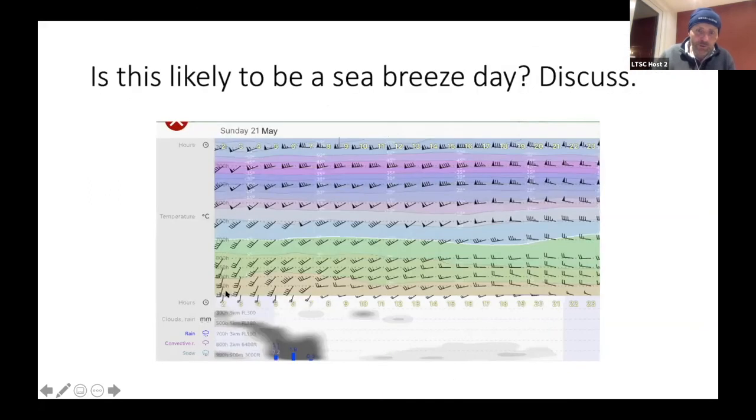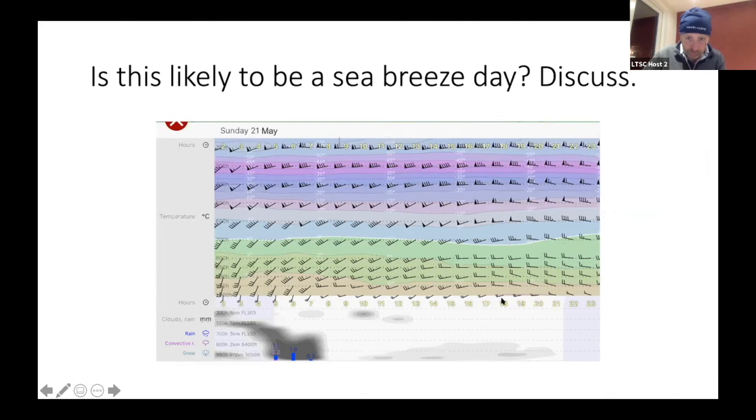Then the other one I've got is a simpler airgram that we've looked at a lot, and my question on this one is simple: is this a sea breeze day? Yes or no, and why? Let's think about what's going on. These are the times across the top. This level down here is the wind speed. Remember, small barb is 5, big one is 10.